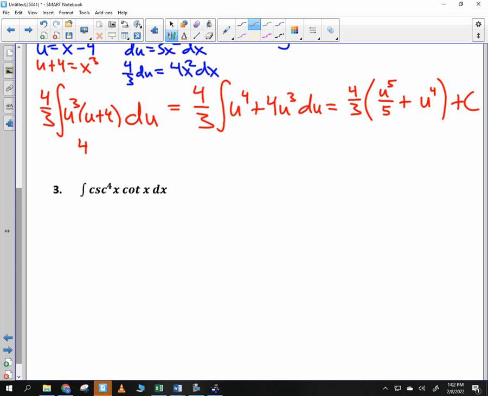Looks like I'm going to have a 4 times x cubed minus 4 to the 5th over what? 15 plus 4 times x cubed minus 4 to the 4th over 3 plus constant.